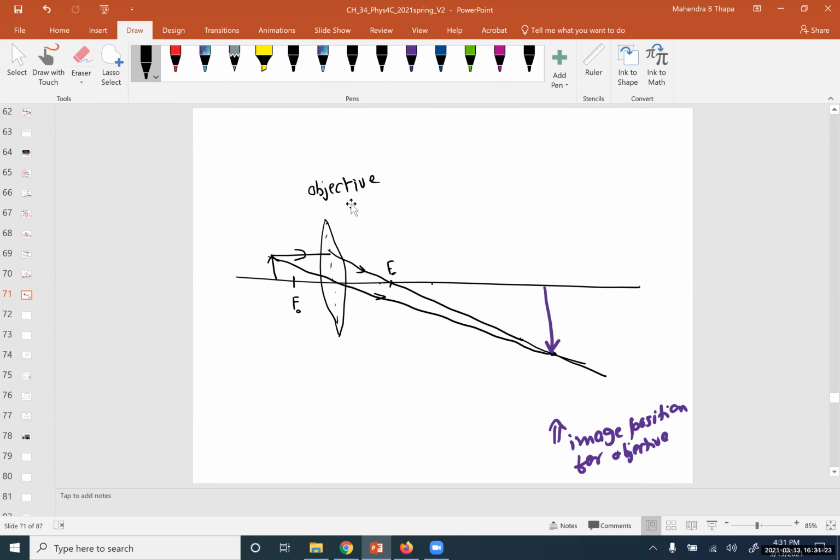So this height is h. Then the height of the image is h1. Now we want to find the image at 25 centimeters from the eye, so I put another lens over here. My picture does not look good, so I will try to make a good lens.